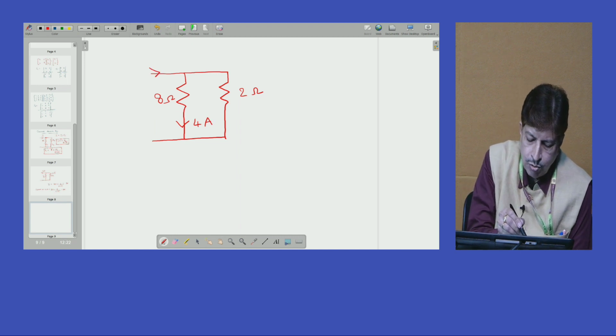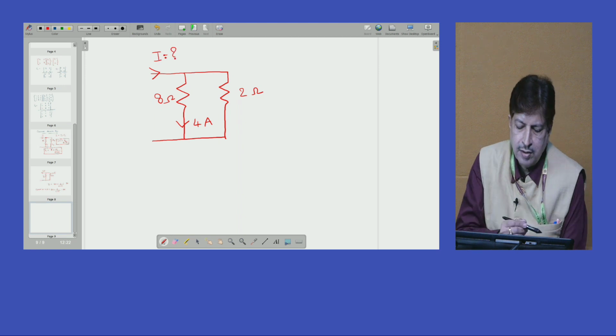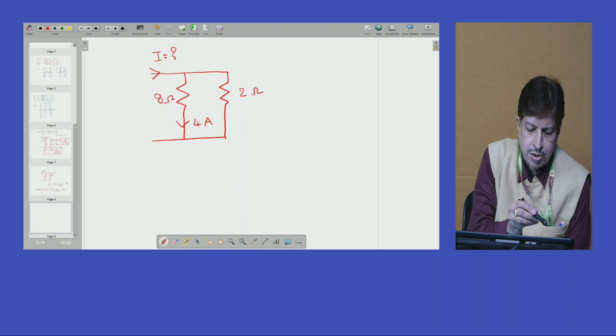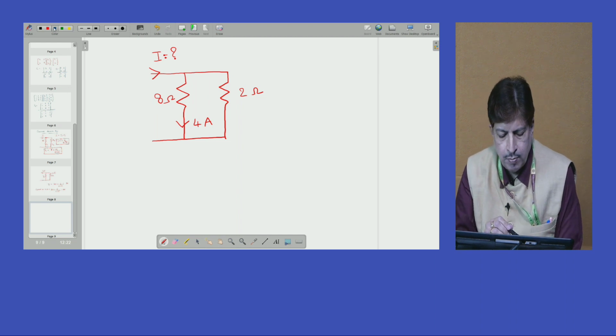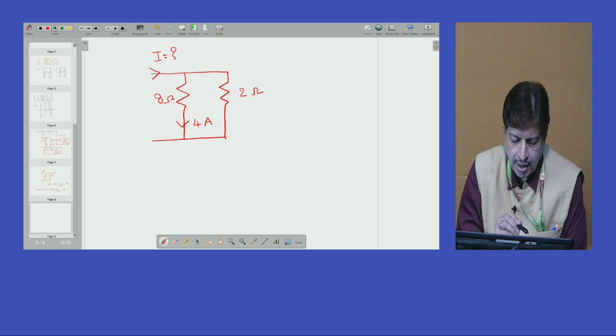I want to know what is I. I means what? The total current entering the parallel combination. So I apply the rule.